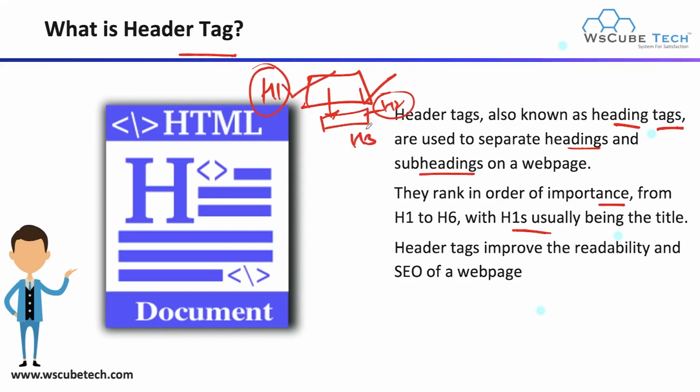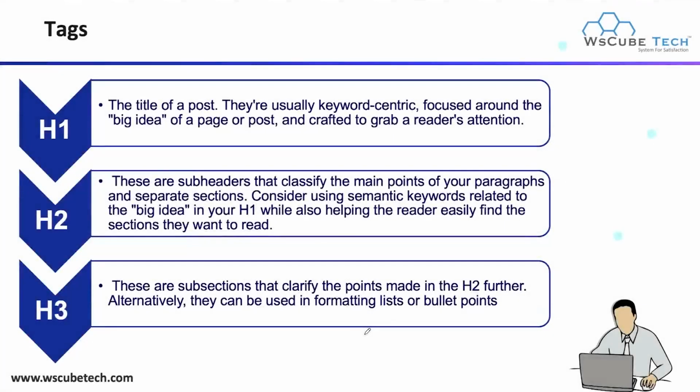Again, you have H3, which is the subheading of your H2. These are our heading tags, which we can use in our web page to differentiate between our headings and subheadings. So header tags improve the readability and SEO of a web page.